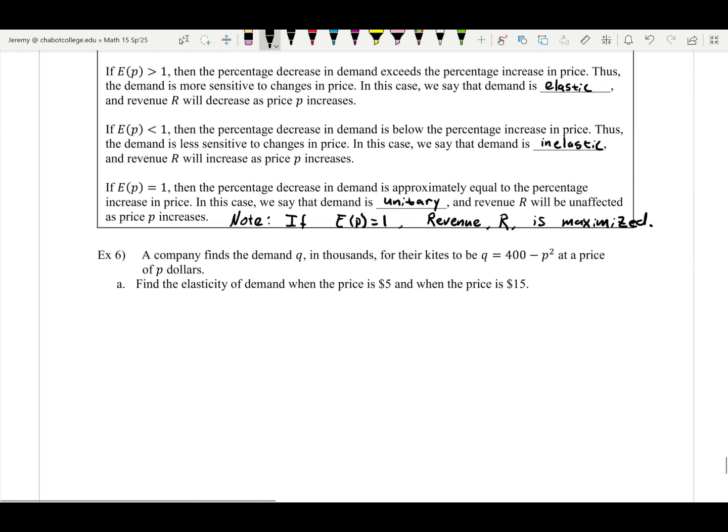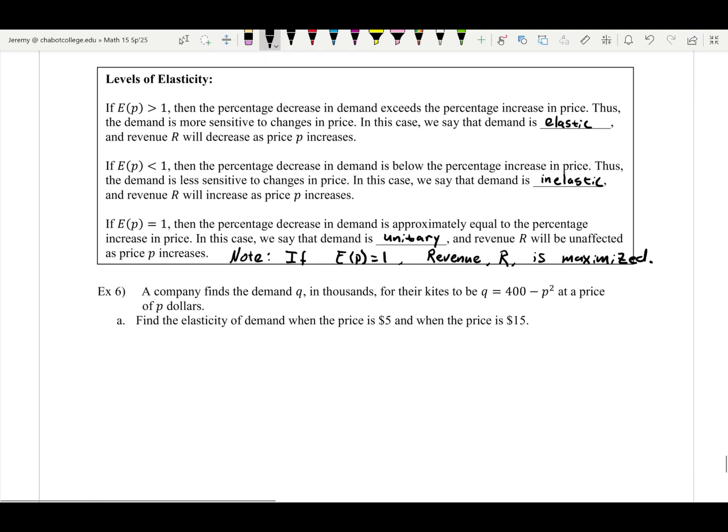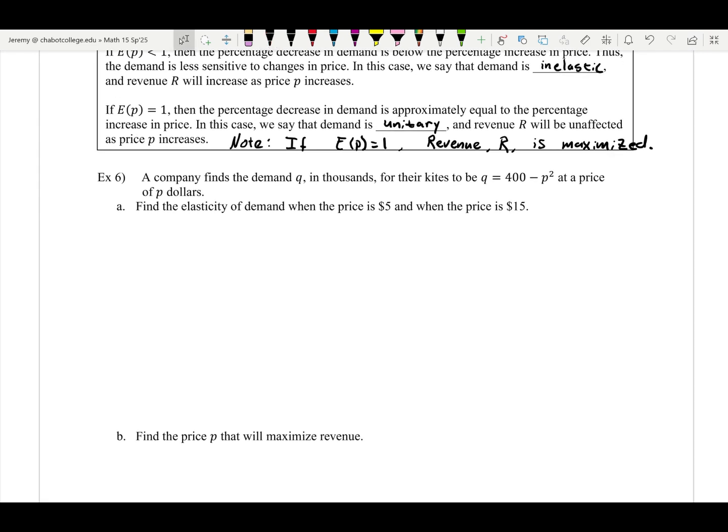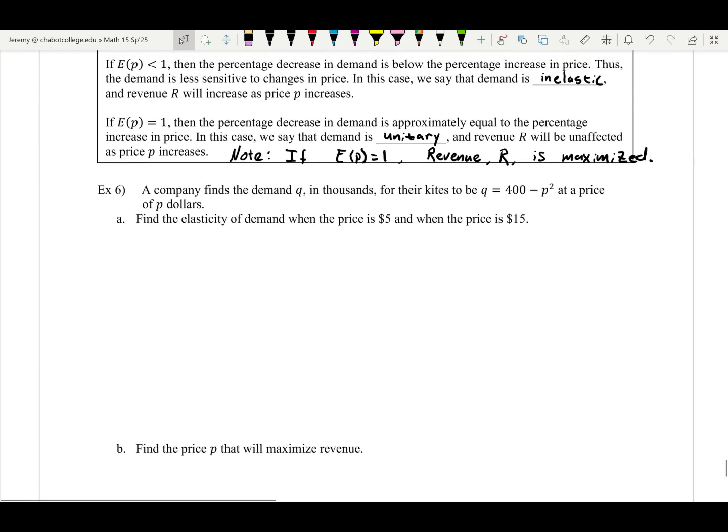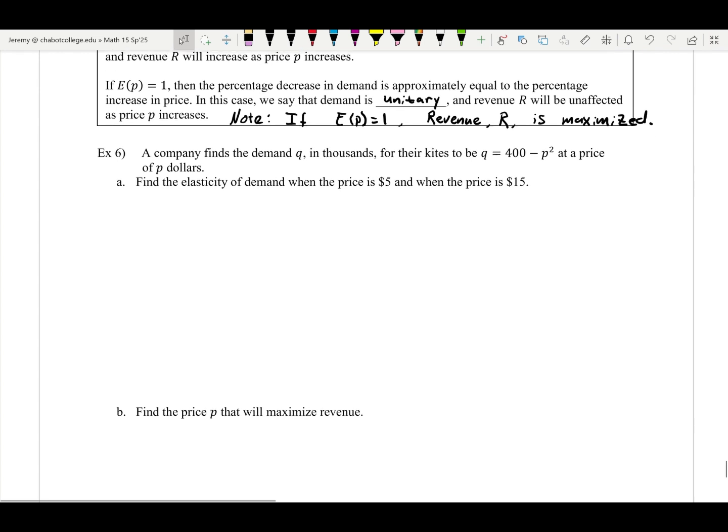Okay, lots of information here, but let's look at an example and see how we can apply all of this theory to an application.